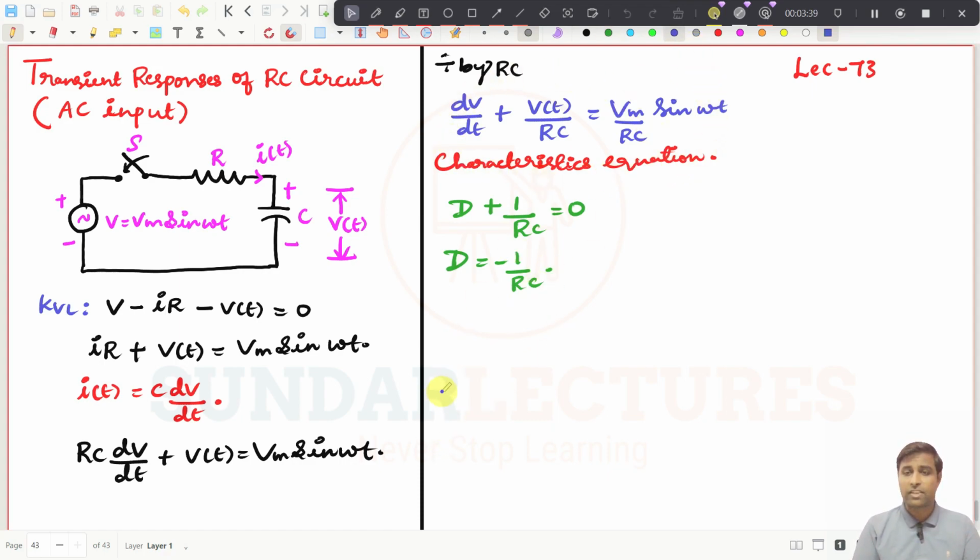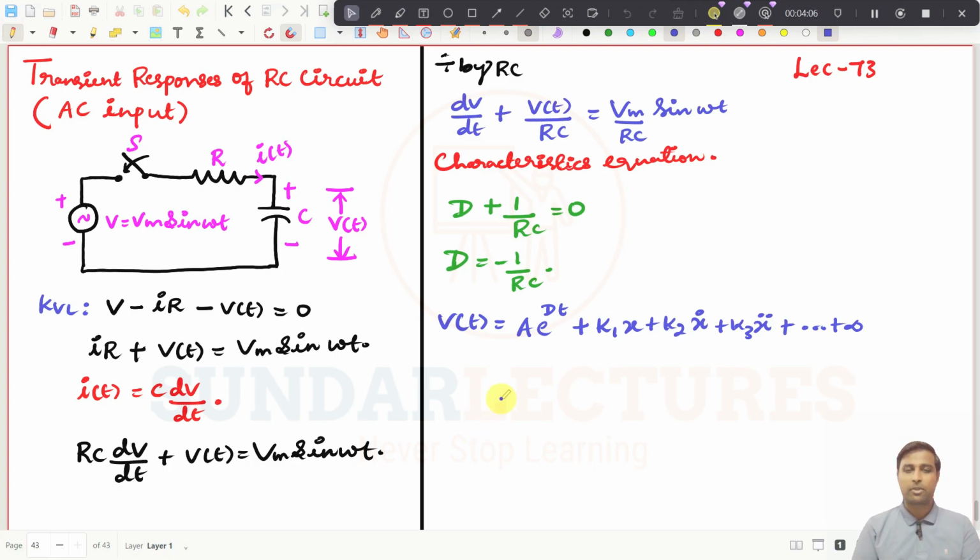If you are solving the first order differential equation, what will be the expression? V of t should be equal to A e power dt. Since you have only the first order differential equation, the forced response has the form k1 x plus k2 x dot, and then plus k3 x double dot would go to infinity.